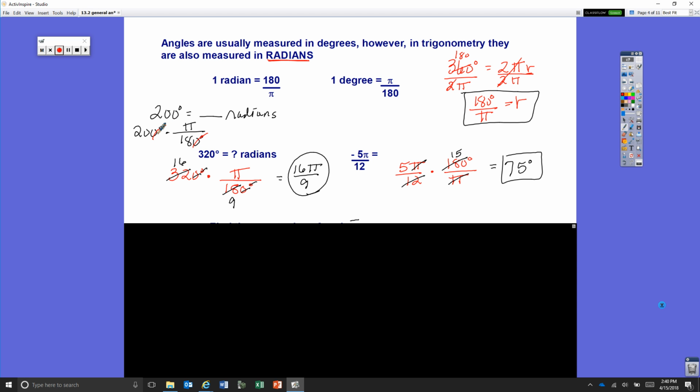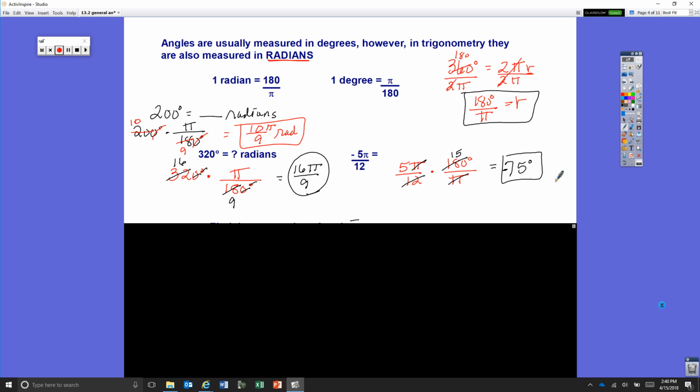The tens reduce. And 20 and 18 both reduce by 2. 2 into 20 is 10. 2 into 18 is 9. So I get 10 pi over 9 radians. Oh. Down here I forgot to put my negative 75 on because it was a negative angle.